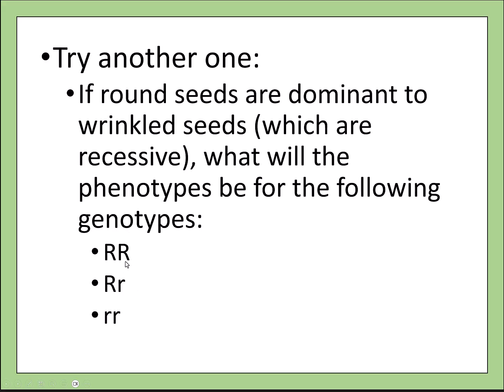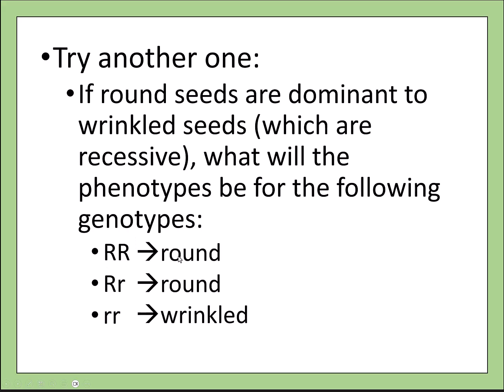Capital R, capital R is going to be 2 dominant alleles, and therefore our phenotype should be round. Capital R, lowercase r, is also going to give a round phenotype because it has a dominant allele. And little r, little r is going to be the one that shows the wrinkled recessive phenotype because it doesn't have that dominant round allele.